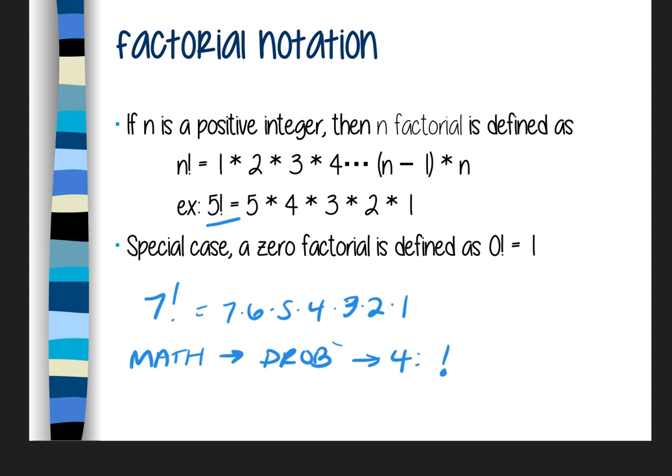I wouldn't waste the time on doing the 1. Or I could type in 7 exclamation mark, which is, again, math, probability, 4. And this is 5,040. You've got to put 7 first.